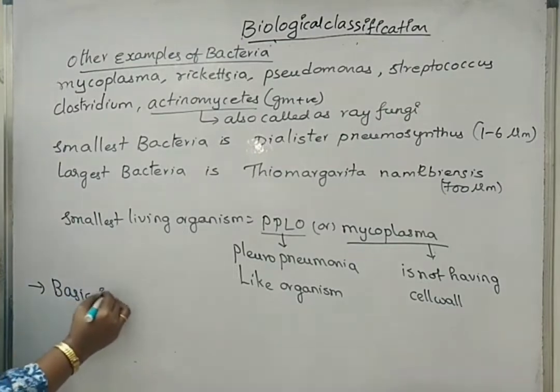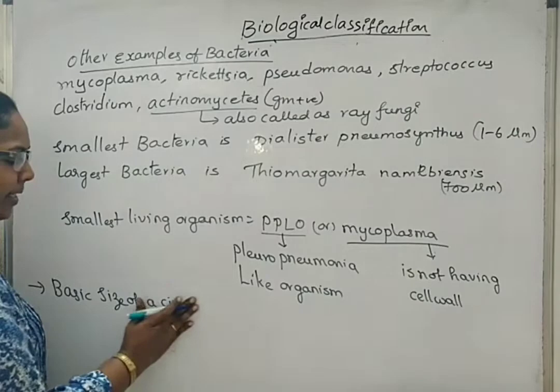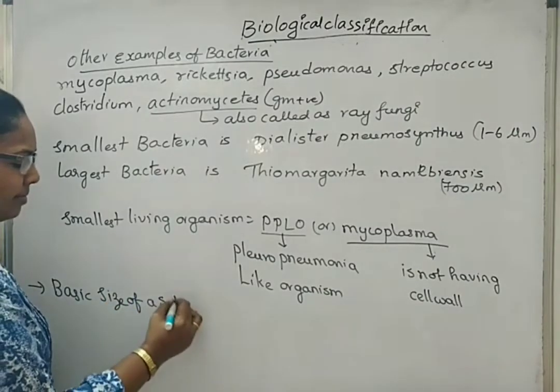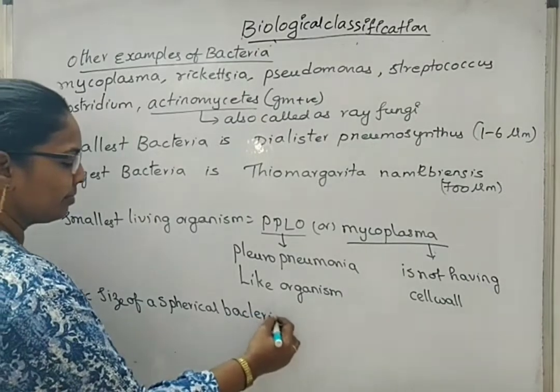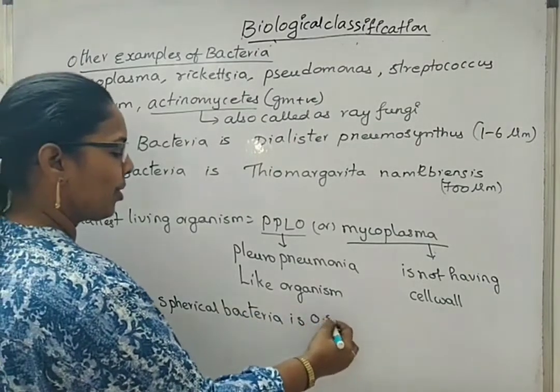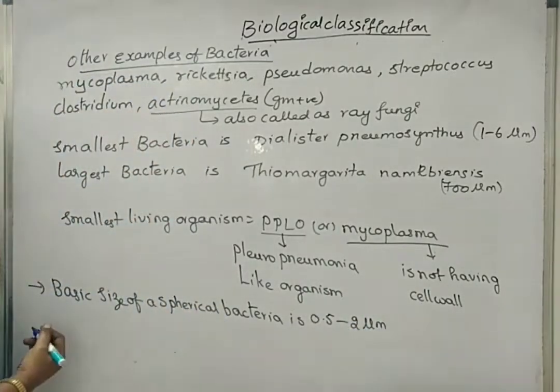Basic size of a circular or spherical bacteria is 0.5 to 2 micrometers in measurement. This is called size.